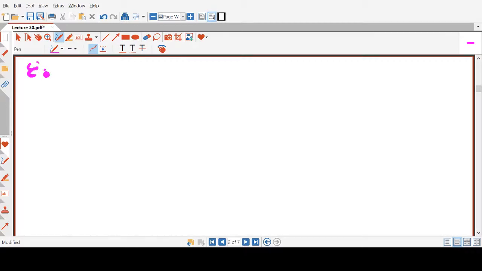Let's take an example. Well, there's no need for me to make new examples here because these are common examples. Sawtooth function.